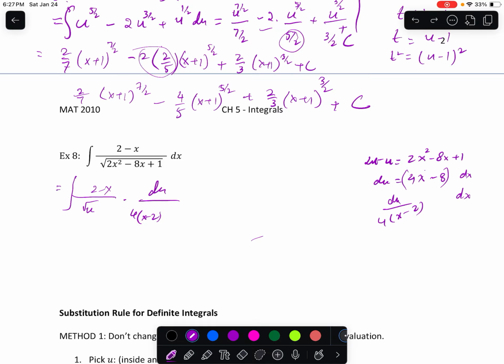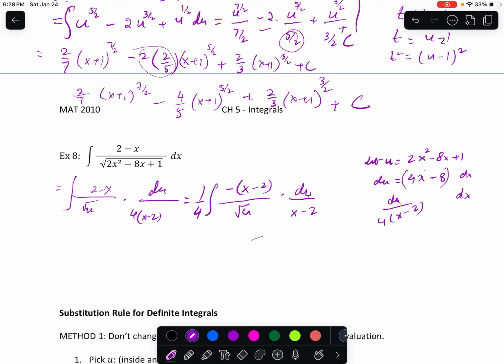So I can put 1 over 4 outside here, integral. I'm going to pull out the negative sign from the top, so I'll get negative of x minus 2, and then divided by square root of u, and then du over x minus 2.